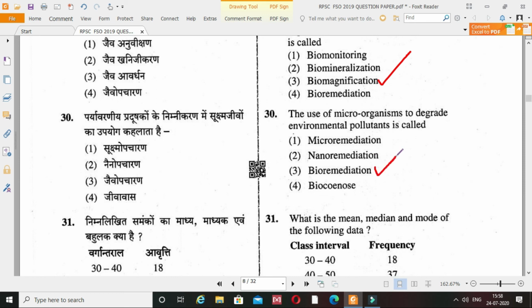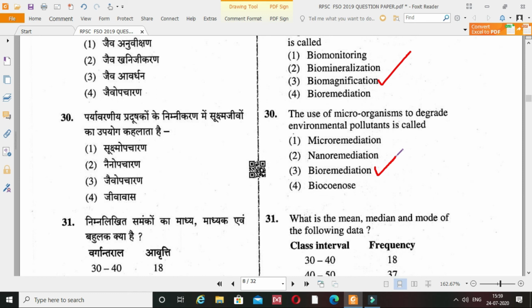What is microremediation? Microremediation is also known as microbial remediation. Here, microorganisms are used to degrade organic contaminants or to bind heavy metals in more inert and less bioavailable forms. Nanoremediation is the use of nanoparticles for environmental remediation.